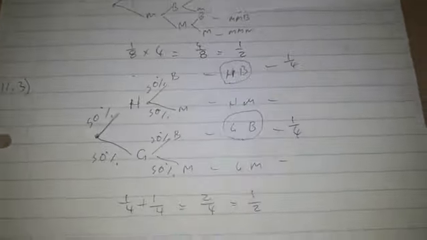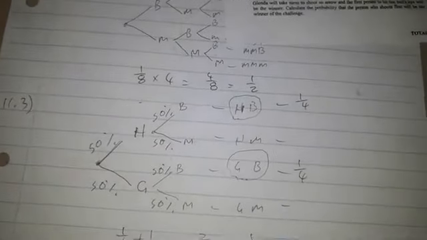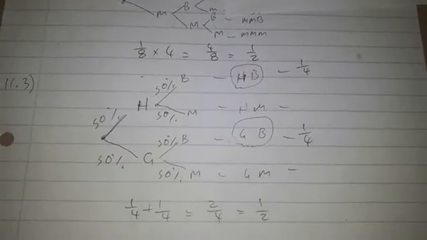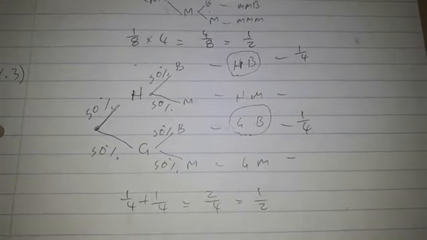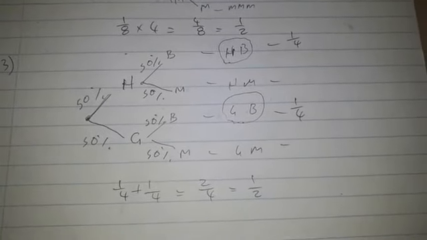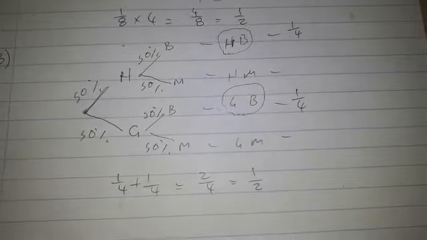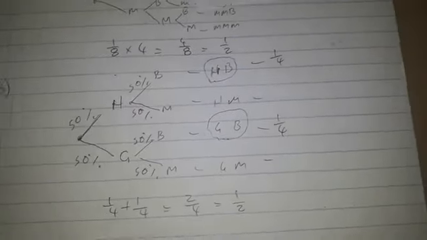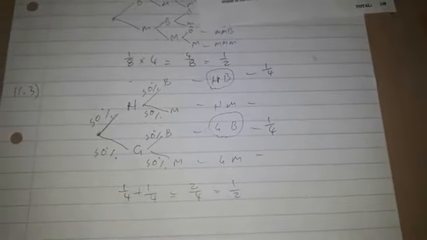So there's a 50% chance that the person who goes first will hit a bullseye. Yeah, it's going to be a half. But let's just look at this question so that we can clean it up.